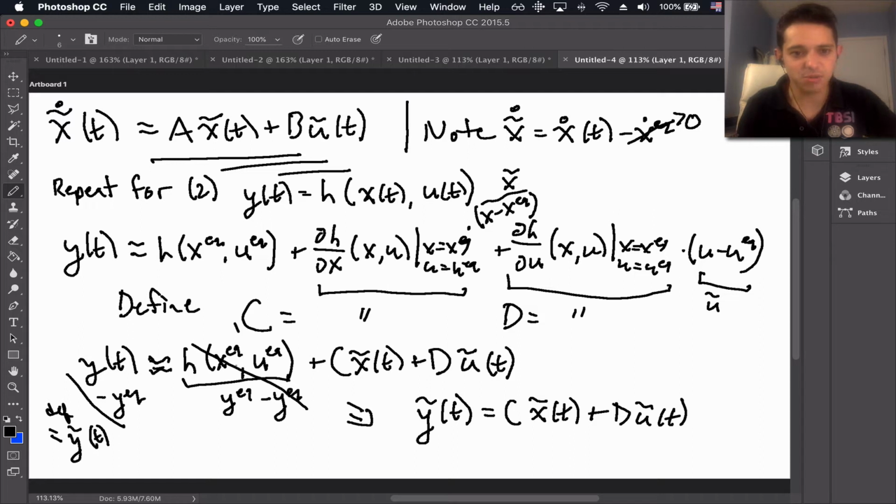We actually need to subtract off the 0th order term, combine it with y, and then use that to define y tilde. And voila, we have our linearized output equation, which is fully characterized by these matrices C and D, which similarly are just the Jacobians of h this time with respect to x for C, with respect to u for D. Okay, very good.